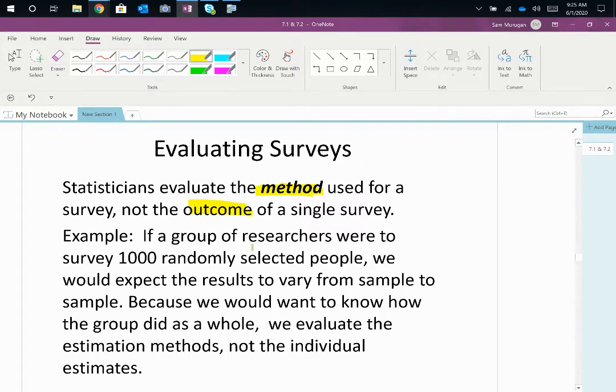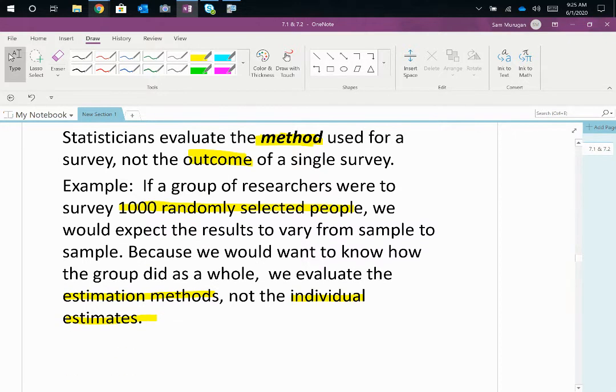For example, if a group of researchers were to survey 100 randomly selected people, we would expect the results to vary from sample to sample, okay? Because we would want to know how the group did as a whole. We evaluate the estimation methods and not the individual estimates. If we were to take several samples out of this group of 1,000 randomly selected people.